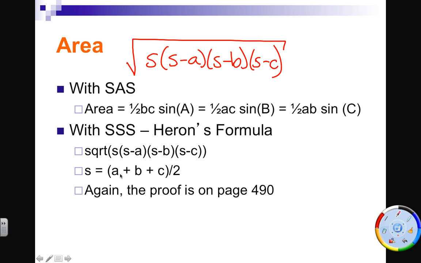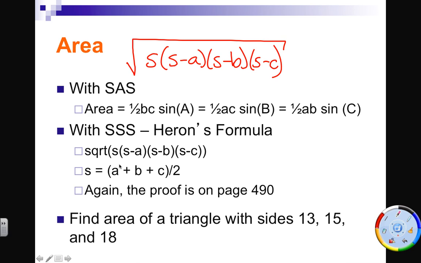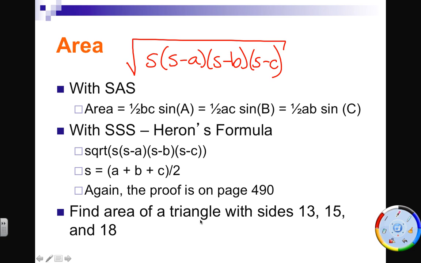So if you, sorry, the proof is somewhere in your textbook, but if I was to ask you the sides 13, 15, and 18, I would say s is equal to 13 plus 15 plus 18 divided by 2, which is, really quick, 23.